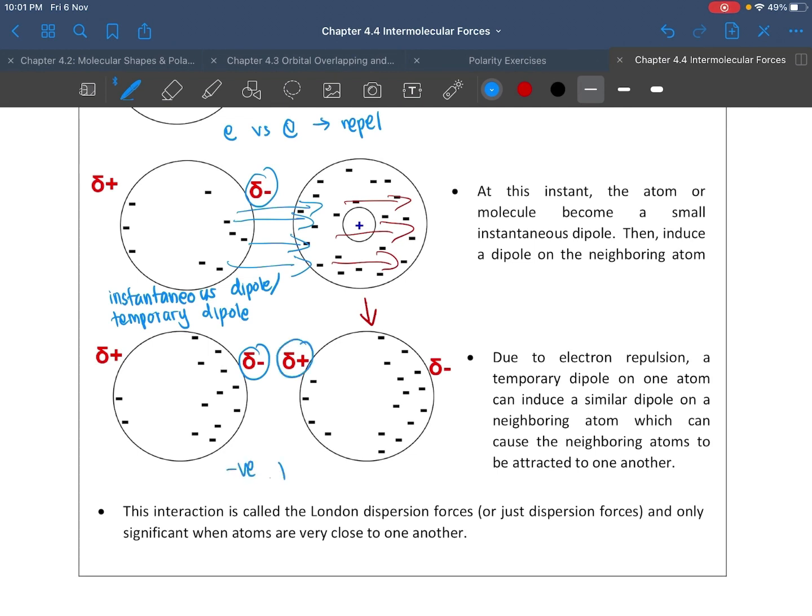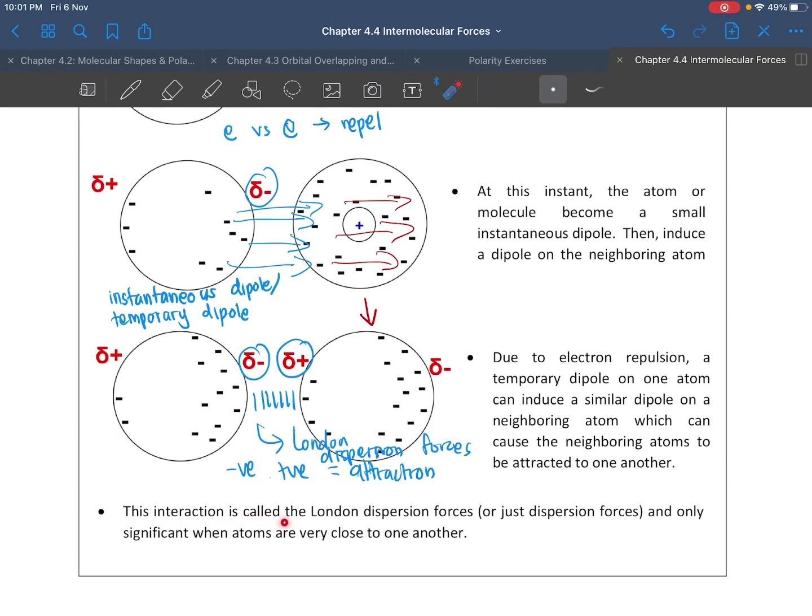Negatif positif akan berlaku attraction. So, ada attraction dekat sini. And this attraction here adalah London dispersion forces. Okay. Alright. So, that is how London dispersion forces berlaku.